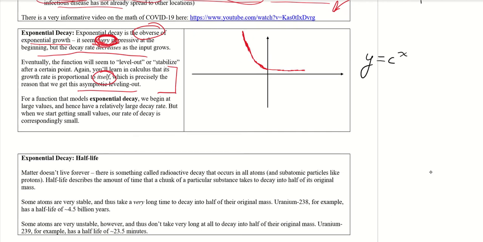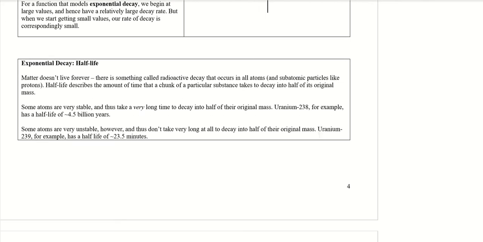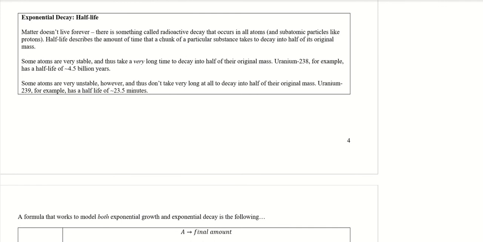Then let's look at a specific example of exponential decay. There are many of them, but one of the most commonly used ones is half-life, which comes about in chemistry, physics, biology. Half-life is a very important concept. So in physics and chemistry, typically the application that's looked at is in matter.